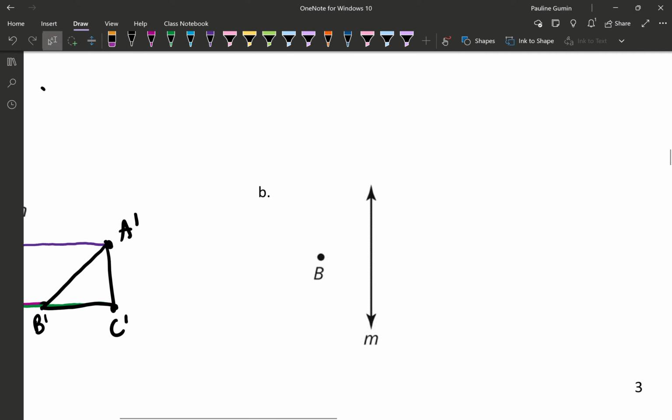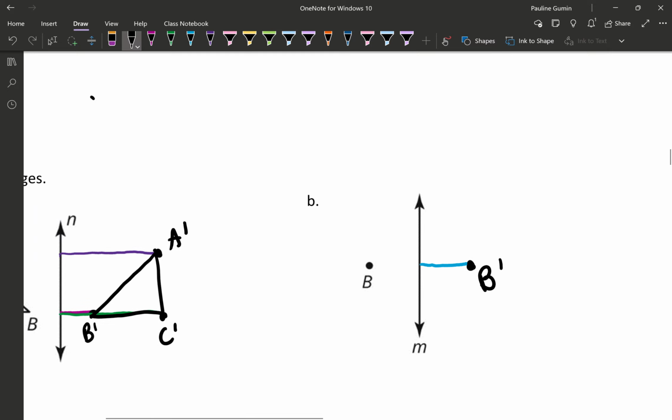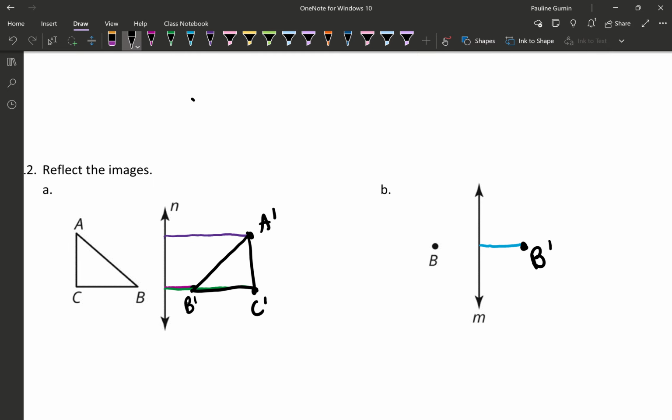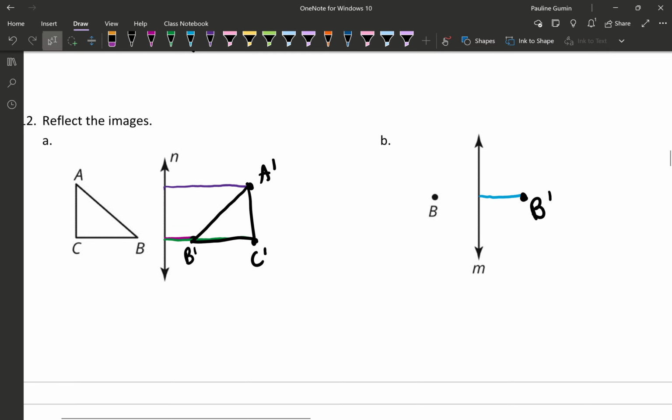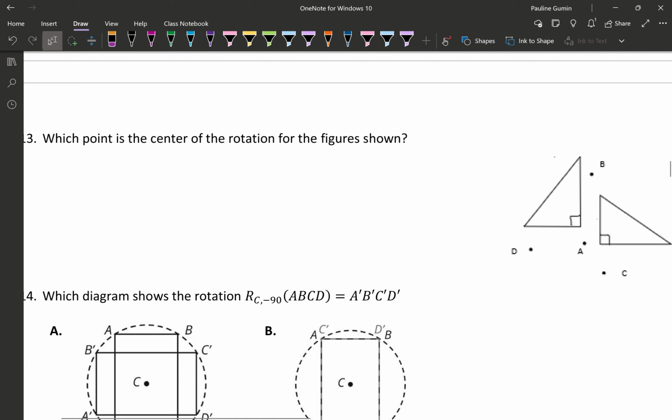I'm going to do the same thing with point B. I'm going to connect point B to the line of reflection and measure that same distance on the other side. There's point B prime. Alright, mirror images. Onwards we go to the next page.